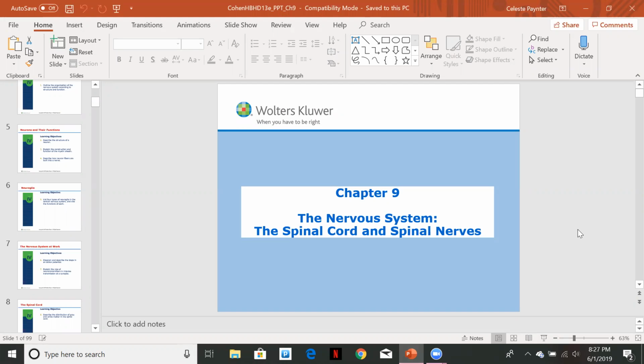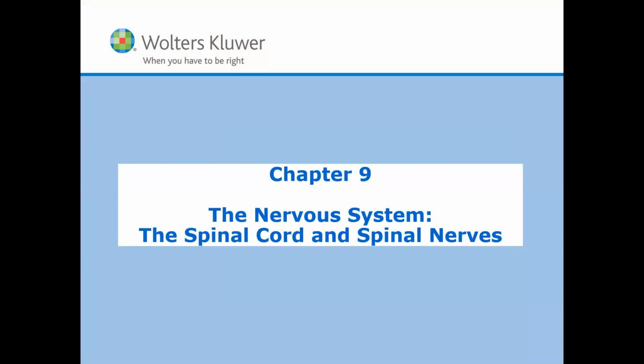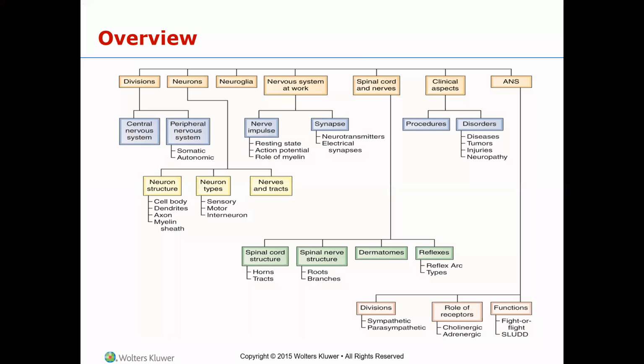All right, hello everybody. Looking at chapter 9, the nervous system, the spinal cord and spinal nerves today. And I'm not going to go into a great deal of detail with this just because of the nature of the material and what I think that you should be responsible for.